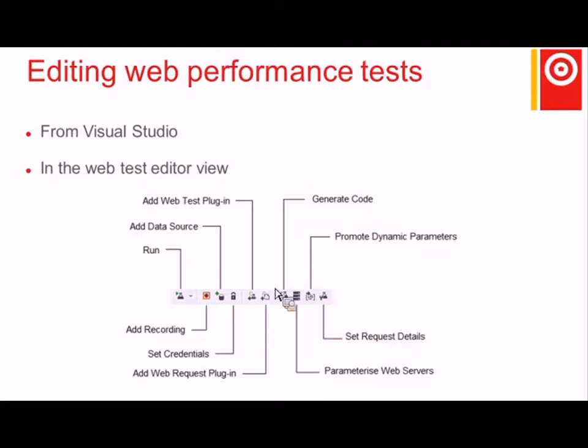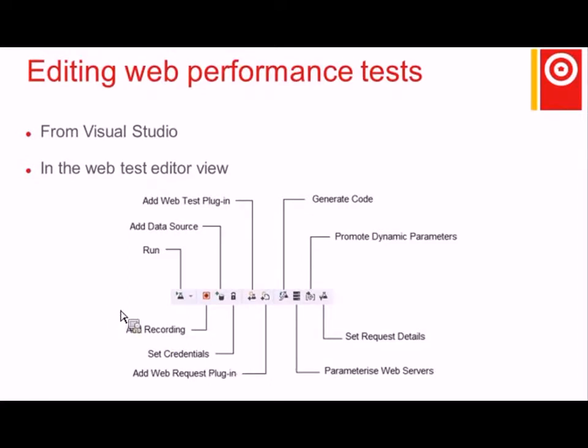Also, we won't be covering the next option, which is to add in a web request plugin, which is a similar proposition, but you would be overriding the actual individual web requests. You can also override things like extraction rules, validation rules, so you can get in and override just about anything. It's pretty much one of the standard things with Visual Studio. You can actually get in and override just about any element you actually want.